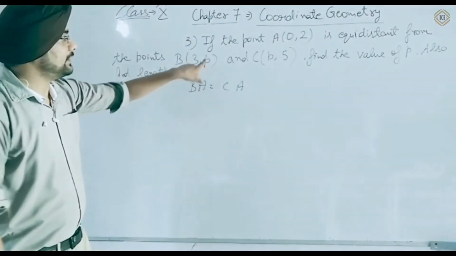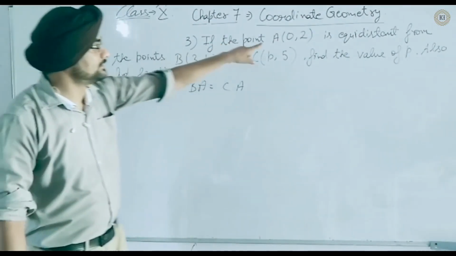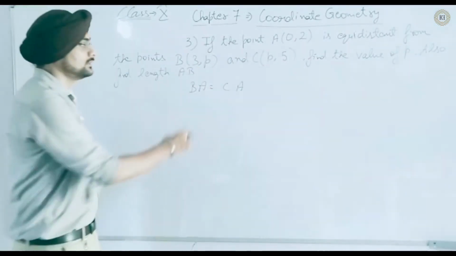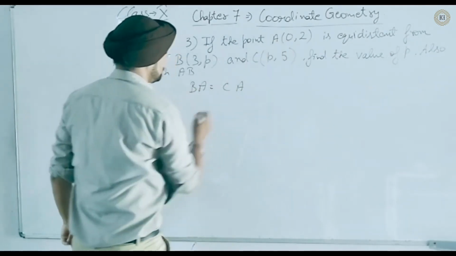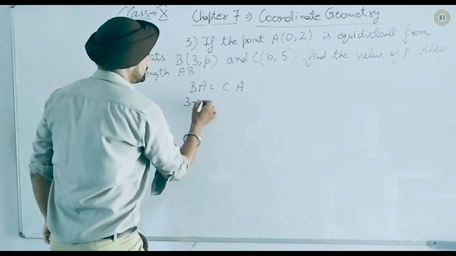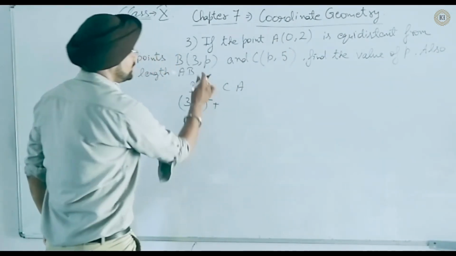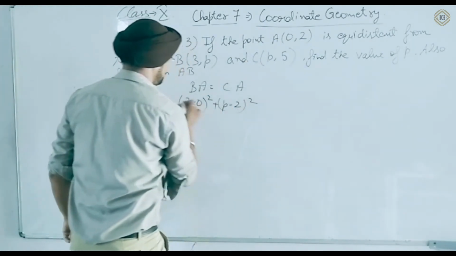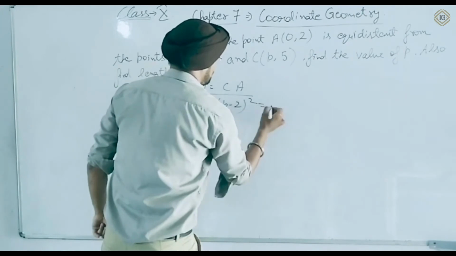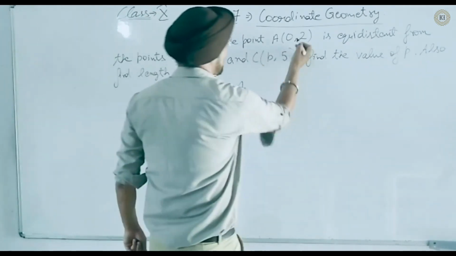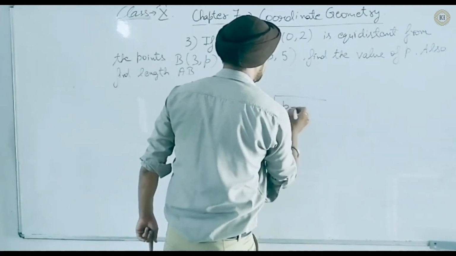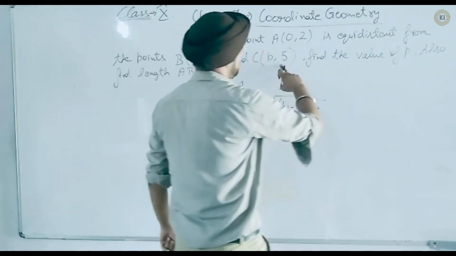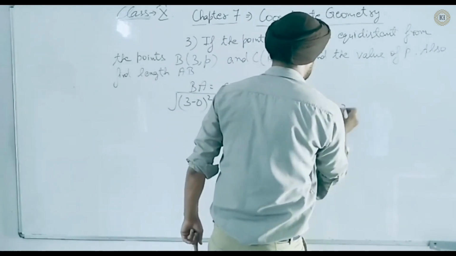So apply the value of A. Here we can apply this value as x1, y1, and this is your x2, y2. So (3 minus 0) whole square plus (p minus 2) whole square is equal to CA, where we apply (p minus 0) whole square plus (5 minus 2) whole square.